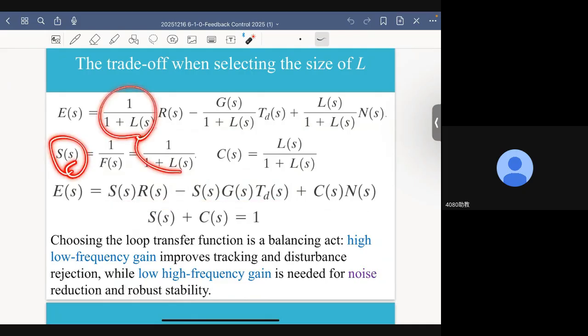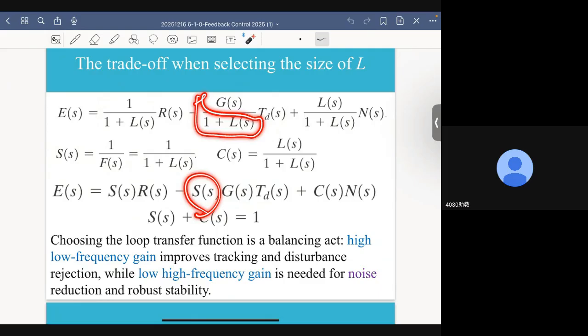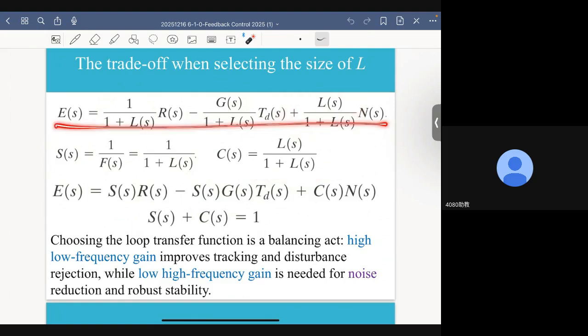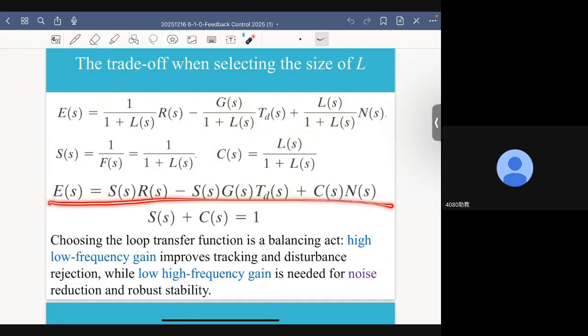This is nothing but S, right? Here, this is S, but you need to multiply G with S, right? And here, this is of course S, but actually we need to look at this term as a single term, which is C, all right? So this equation now is written in terms of S and C.